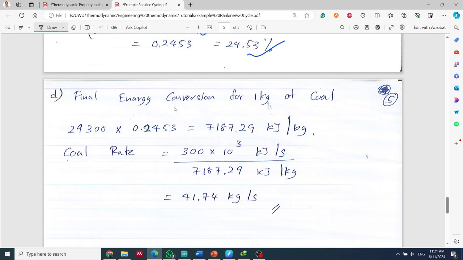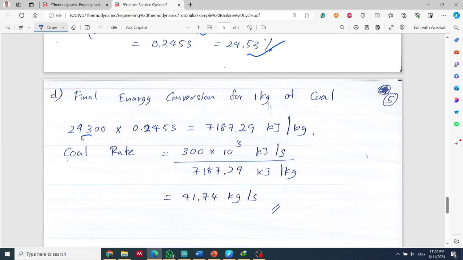If you burn 1 kilogram of coal, 29,300 kilojoule per kilogram will be emitted. You multiply that value by our overall efficiency, then we get this value. What this means is, if you burn 1 kilogram of coal, you can get 7,887.29 kilojoule per kilogram of electric power.